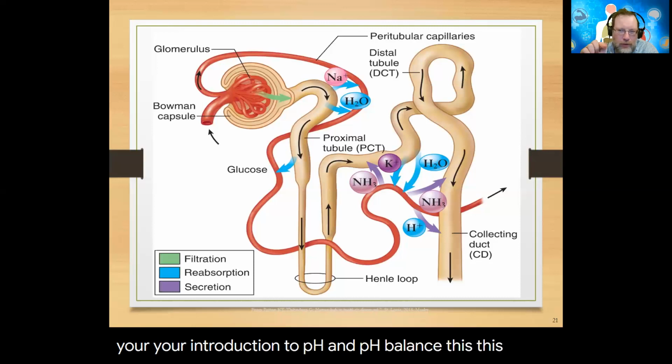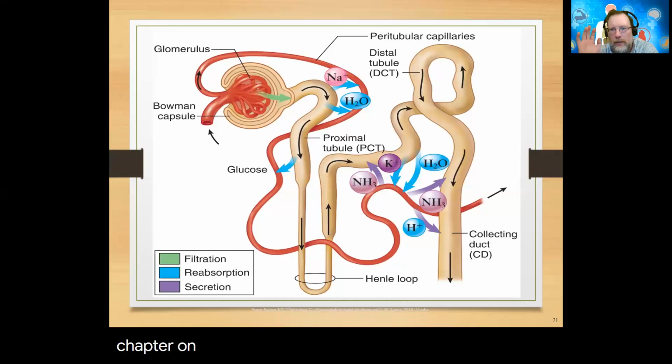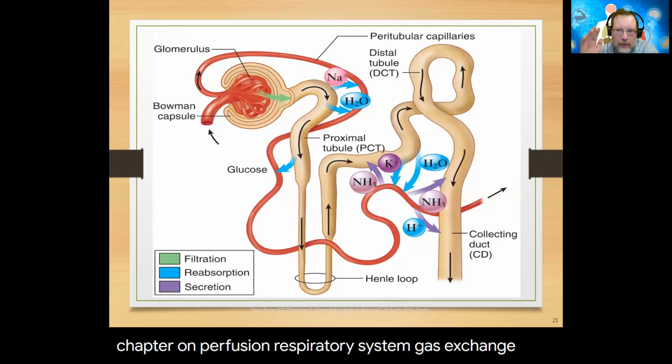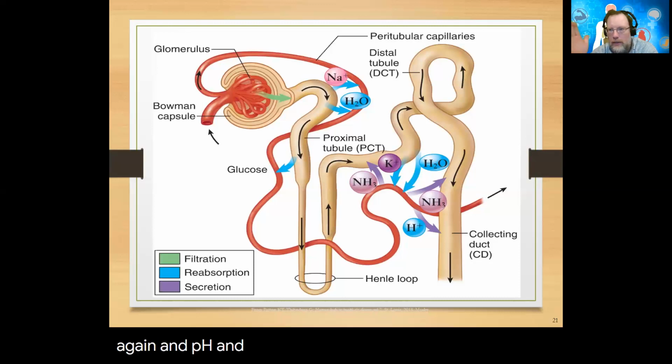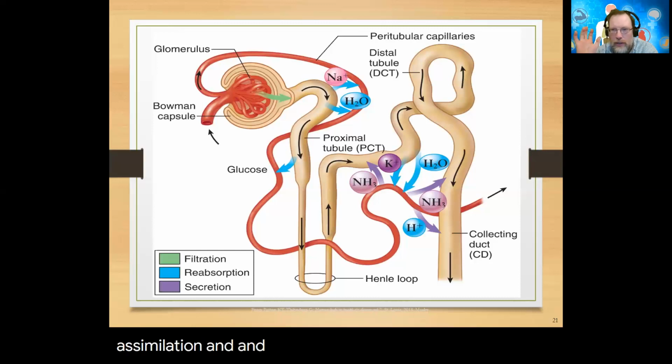I'm going to touch on it briefly right now, and then next chapter, on perfusion, respiratory system, and gas exchange, competency 9, we're going to talk about hydrogen ions and pH again. Then the last module gets into competency 10 and 11, which cover digestion, assimilation, and nutrition as well.